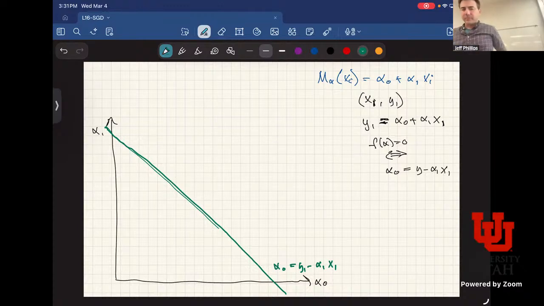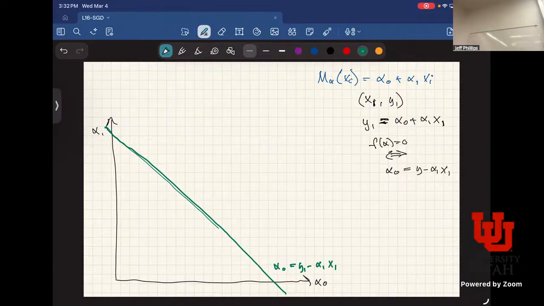Maybe it doesn't quite make sense where the line is, but you should believe it's a line.